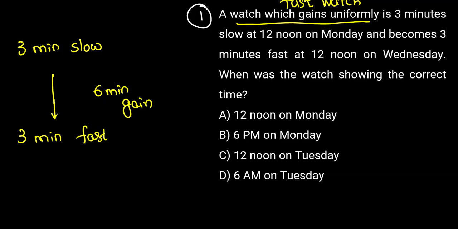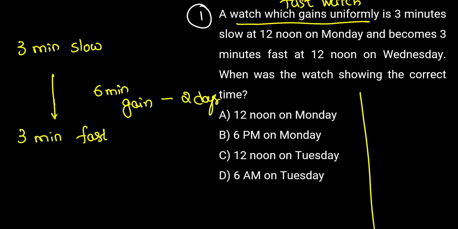Minus 3 lakhs to plus 3 lakhs, 6 lakhs change is required. Don't say 0. Okay, 3 minutes slow to 3 minutes fast, 6 minutes you gained. For that, Monday 12 noon to Wednesday 12 noon, 2 days. For this 6 minutes gain, you took 2 days.